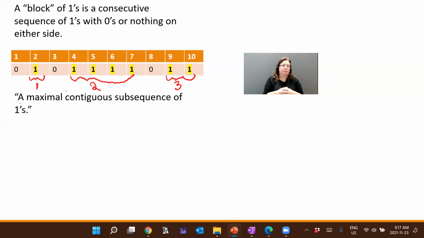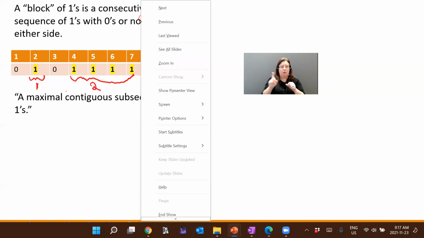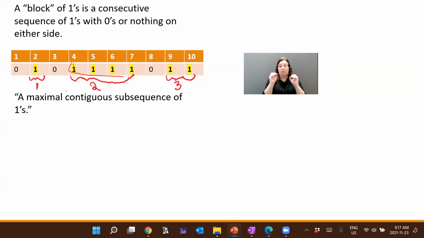So the definition: a maximal contiguous subsequence of ones, right? What that means is there are no zeros in here, and I take the biggest subsequence of this that I can that still fits this definition of a block.